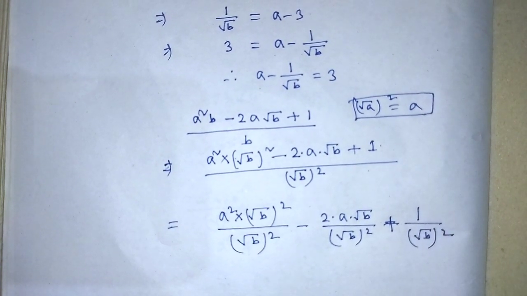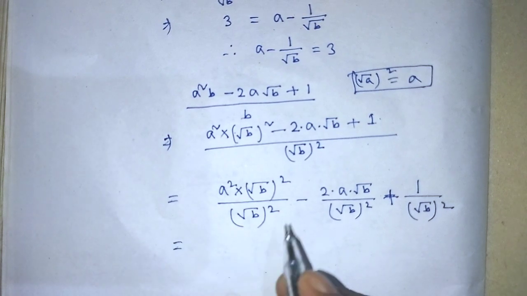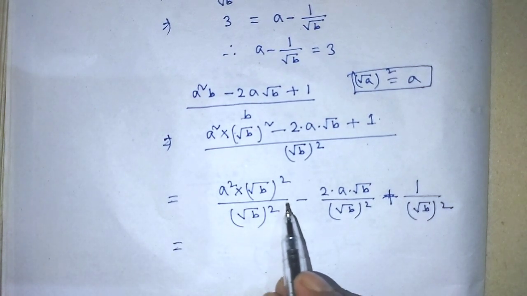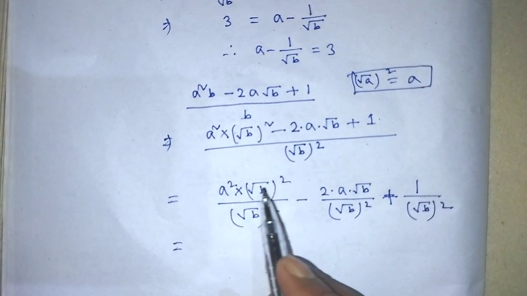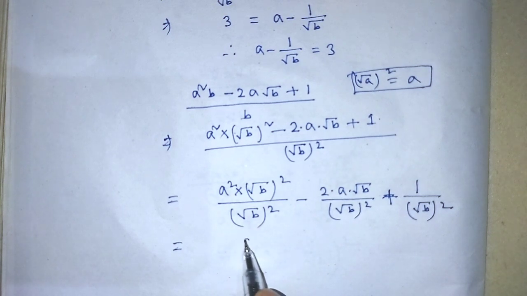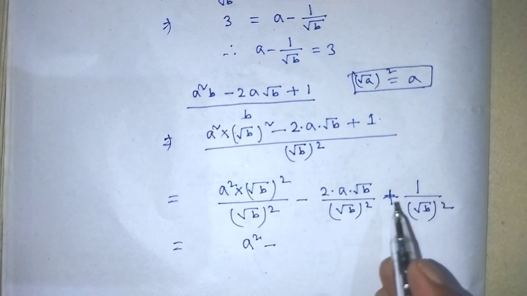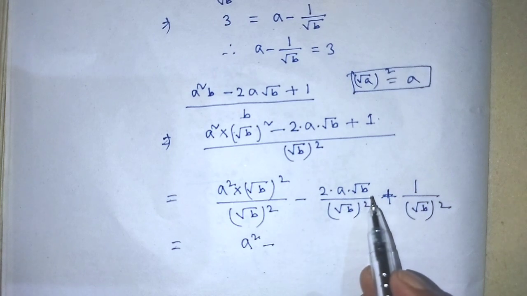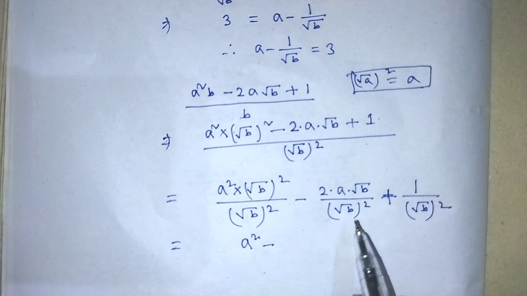So student, we can cancel root b whole square from numerator and denominator in the first term. So we can write a square minus. And in the second term, again we cancel root b from numerator and denominator.